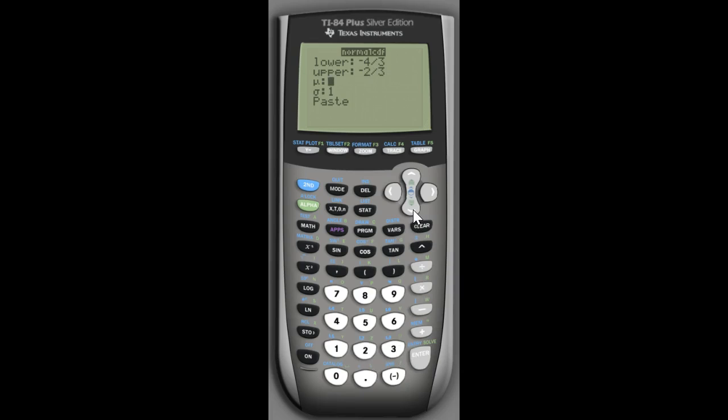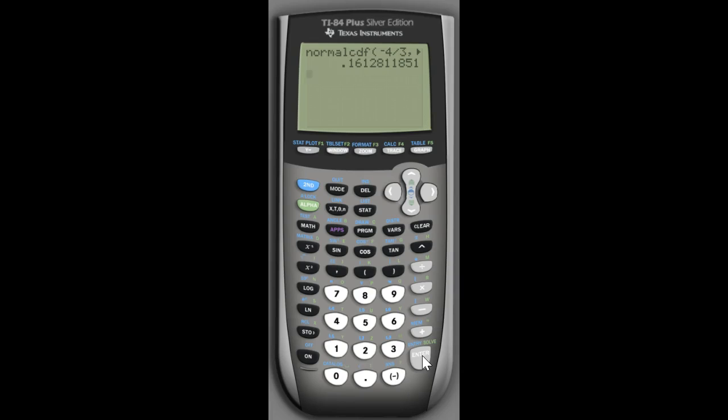And because I'm still standard normal, I'm going to keep the mean at 0, the standard deviation at 1. And I'm going to paste this. It's going to tell me that 16.1% of the population has a z-score between negative 4/3 and negative 2/3, which means that 16.1% of the population would be measuring between 80 and 90 on my original measure, which had a mean of 100 and a standard deviation of 15.